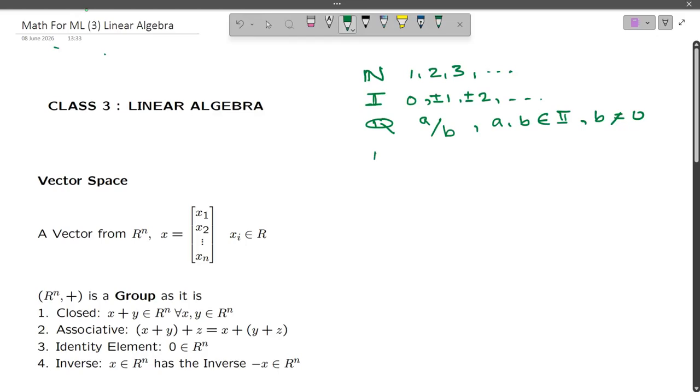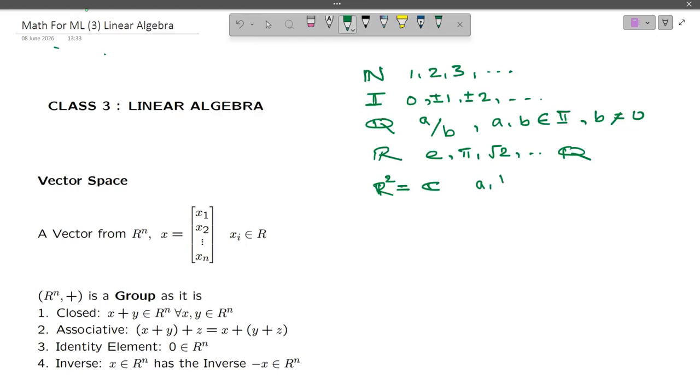And then there came the real numbers. We have the irrational numbers e, pi, root 2, and the rationals. Then came R2, which is the complex numbers, the pair of numbers (a, b), where a and b are reals.